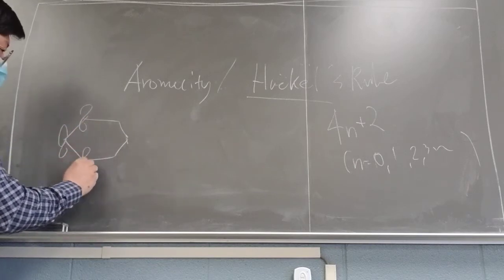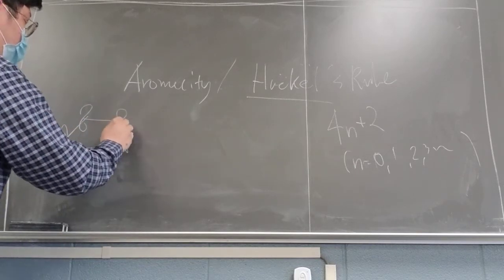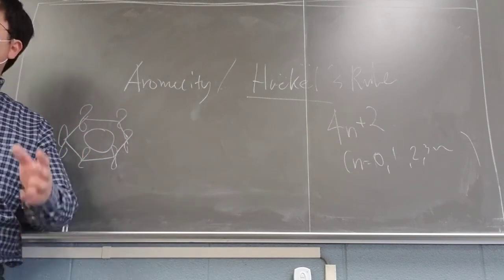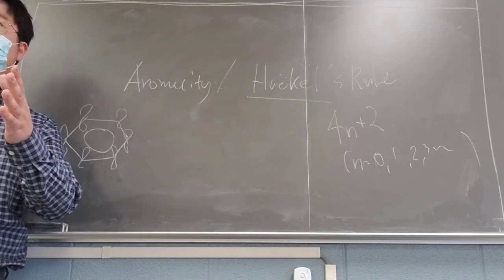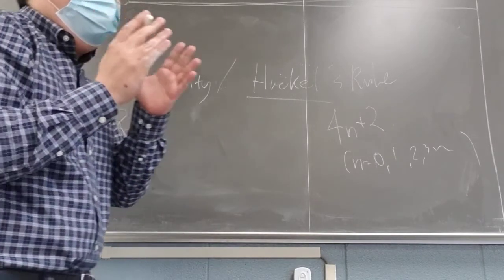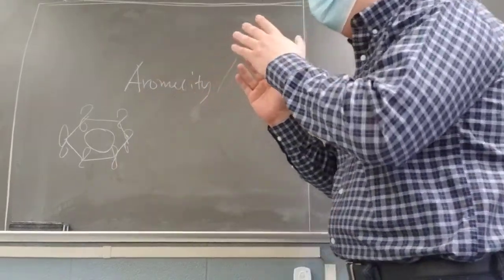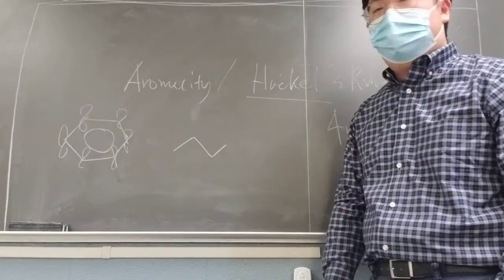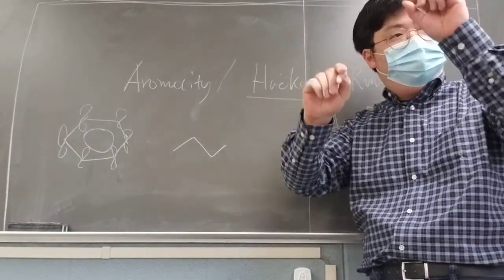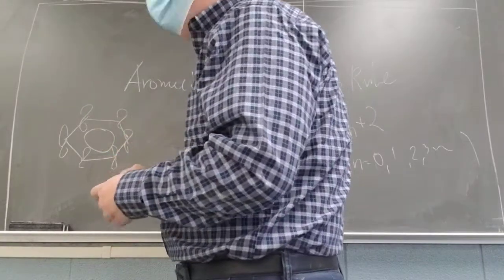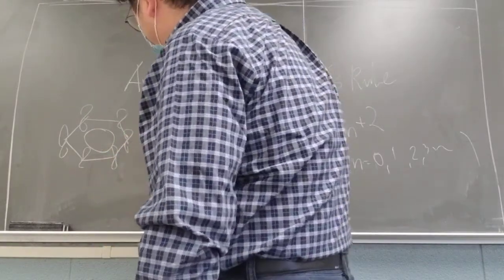Do you guys remember the chair conformation of cyclohexane? Do you remember this from Orgo 1? If you look at cyclohexane in the side view, it actually looks like this because it's a chair. You remember this, right? We kind of flip the chair. Because of the aromaticity in this benzene ring, it's actually flat.